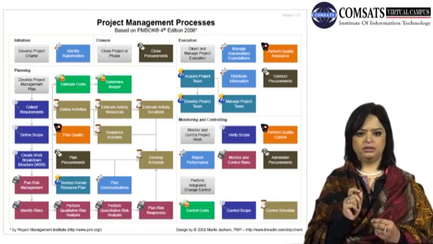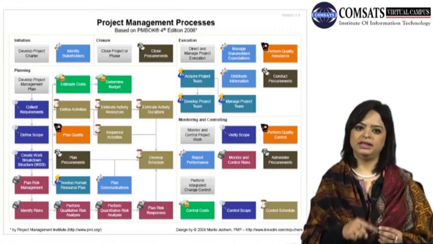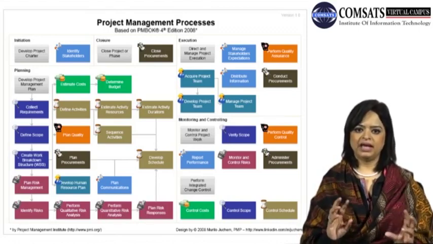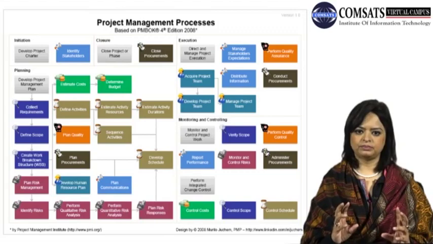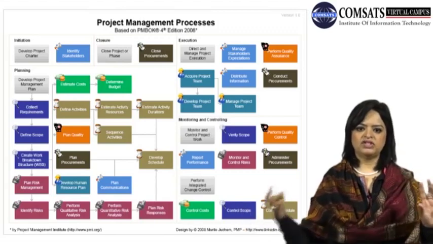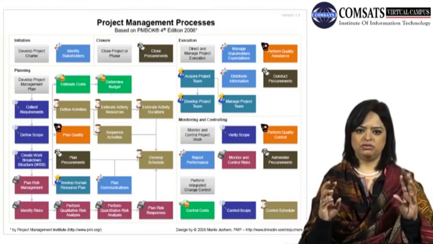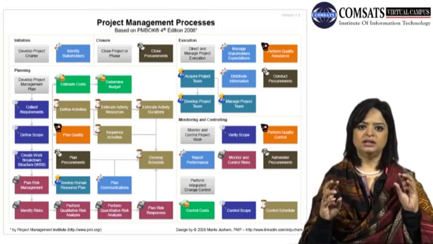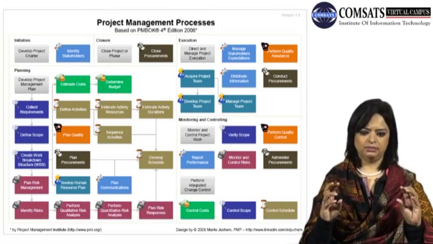Let's reiterate for a little bit what we talked about in the previous slides. You remember the 5 phases and their interrelationship? We started off with the initiation phase. In this, you're developing a project charter, which is a tangible piece of document. The customer signs up for that.